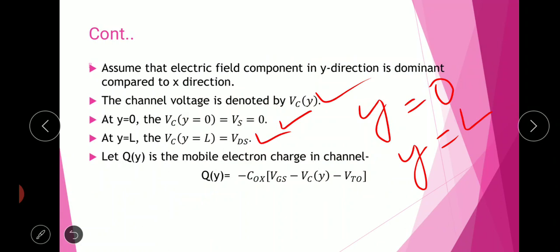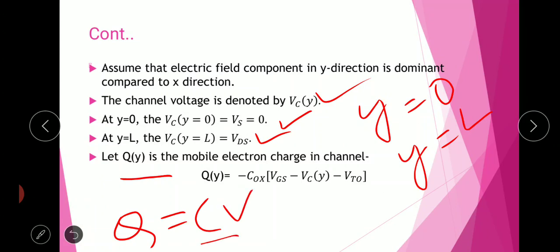Let Q of y be the mobile electron charge in the channel, and this is the equation: Q of y equals minus Cox times (VGS minus Vc of y minus VT0). This equation comes from a very basic equation, that is Q equal to CV. Here C is the capacitance of the dielectric between gate and substrate.